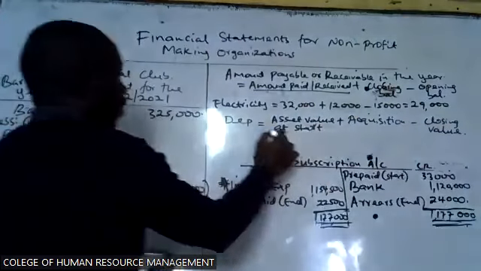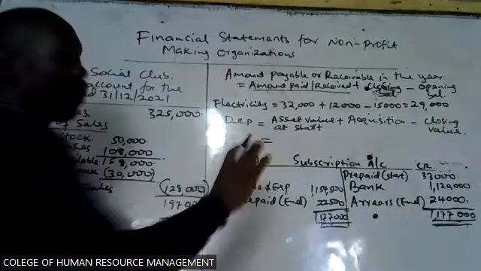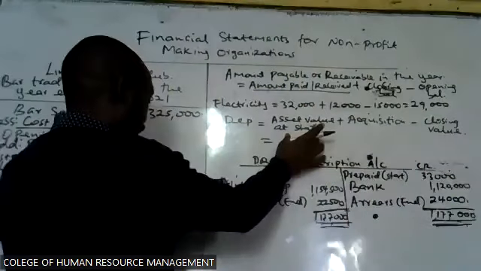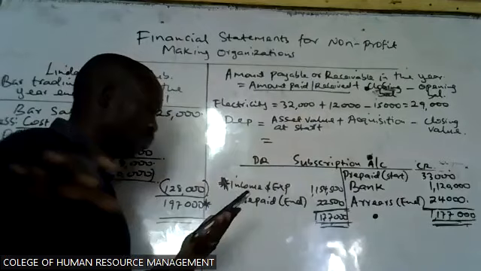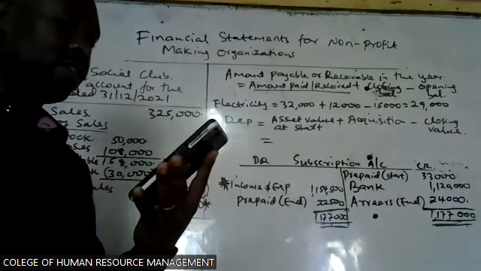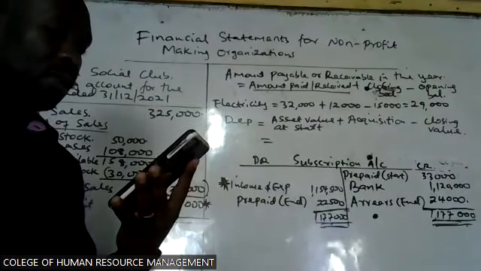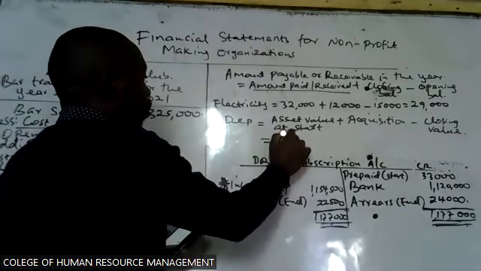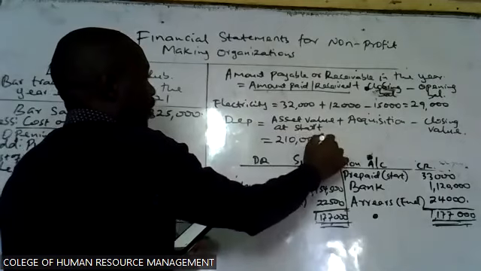Yeah, this is correct for calculating the depreciation because we are not given any percentage yet. The asset value at the start of the period is what we have as balance at the 31st December 2020. At the start of the year, we had equipment worth 10,000.